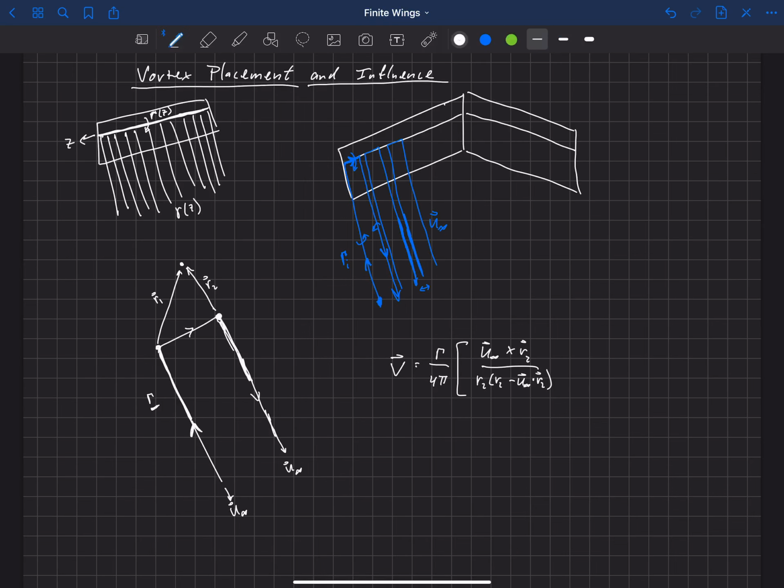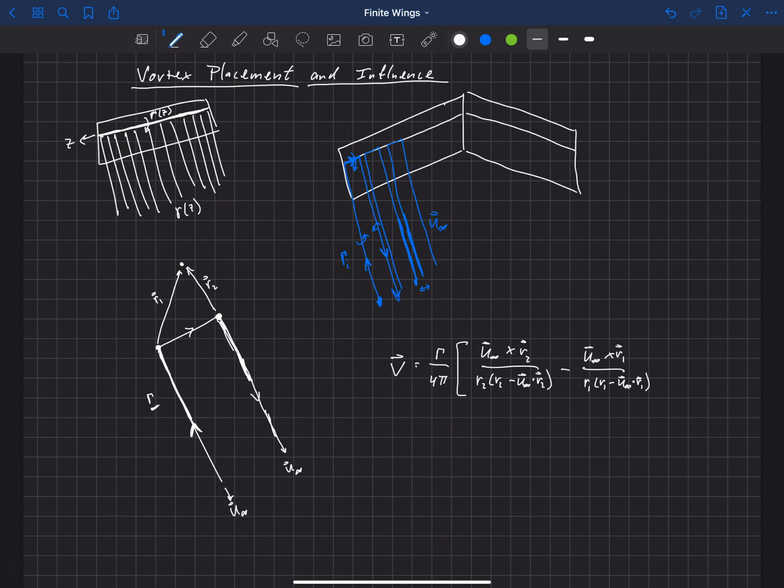So that will actually be a negative, minus u infinity cross r1 over r1 times r1 minus u infinity dot r1.